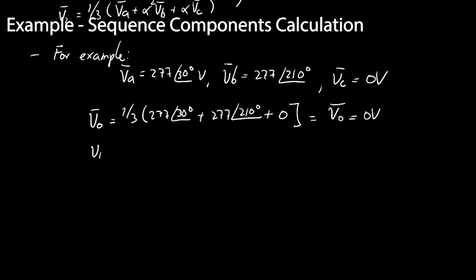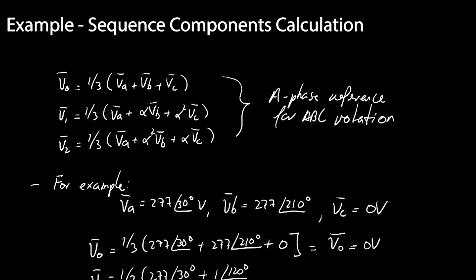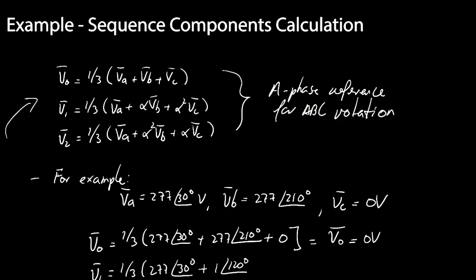Now the positive sequence voltage, V1, is 1/3 times VA, so 277 at 30 degrees, plus alpha VB. So alpha again is 1 at 120. And again, in here, I'm simply plugging numbers into these equations.